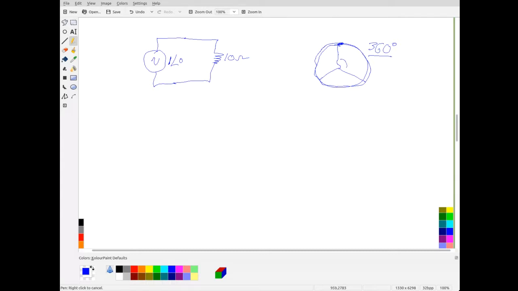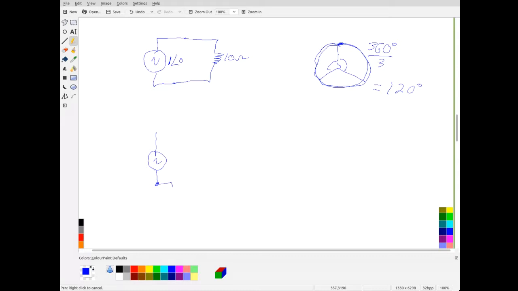So you take 360 divided by 3, which gives me 120 degrees. To build a three-phase system and make it as even as possible, we want to split it up in threes, and that will give us a system that looks like this.